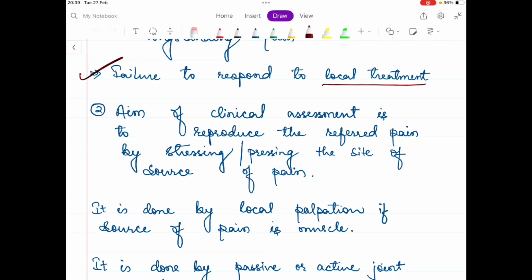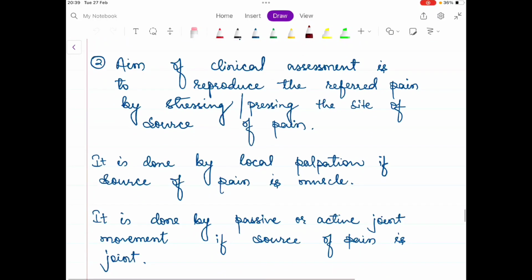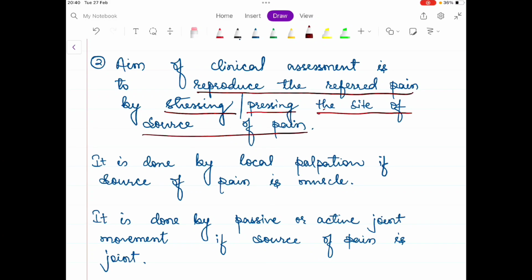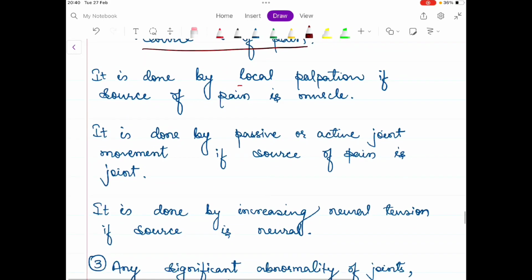All right, now the next point, your aim of the clinical assessment should be to reproduce the referred pain by stressing, that means to provide stress with the hands, or by pressing the site of source of pain. It is done by local palpation using your fingers if the source of pain is muscle.